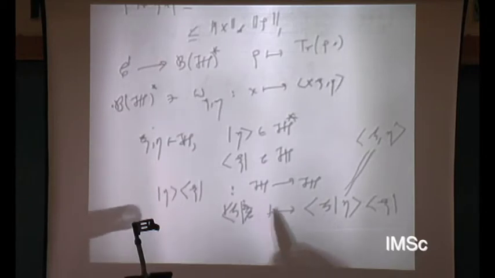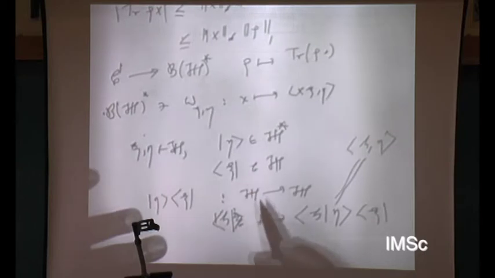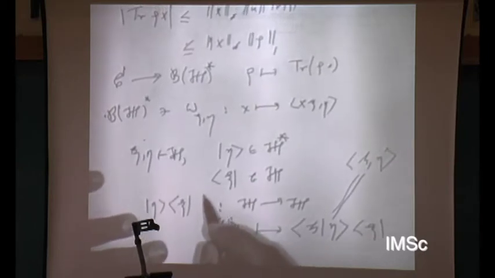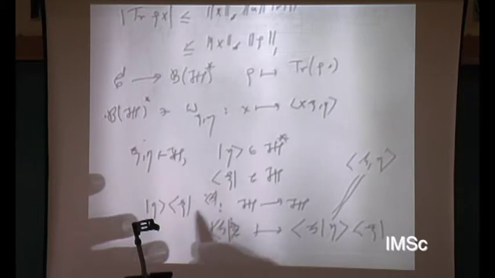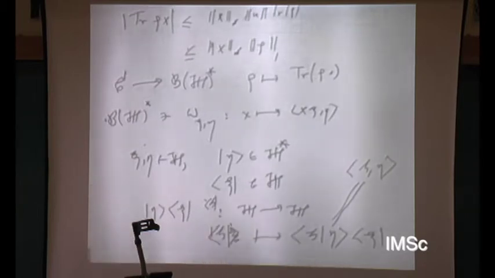In the bracket notation, if you operate this operator on a zeta, you can't put two kets together.